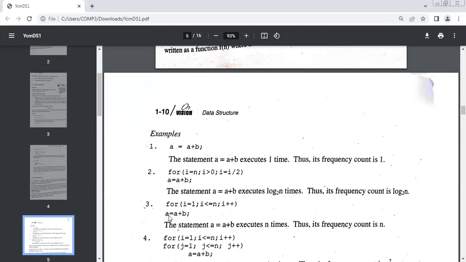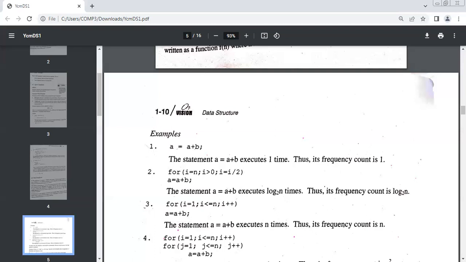Okay. Now take another example. Here we write a for loop. In this for loop, I is equal to 1, I is less than or equal to n, I plus plus, and we write A is equal to A plus B. So this A plus B statement executes n number of times. Means however many times this for loop executes, that many times the statement A is equal to A plus B executes.